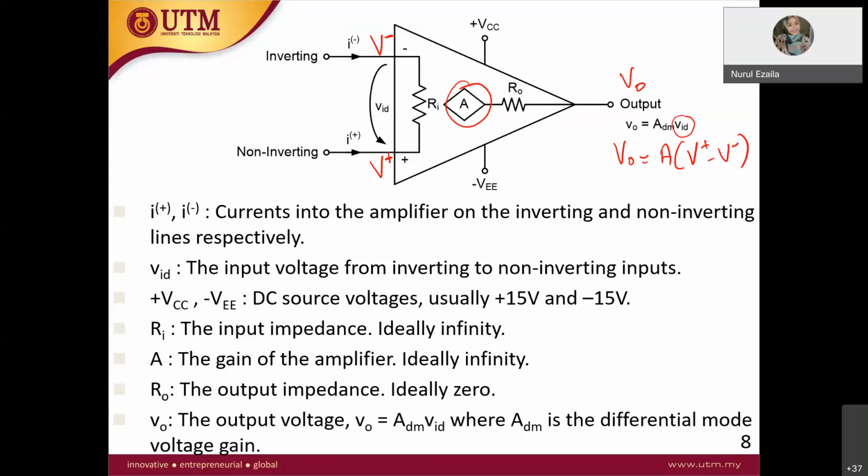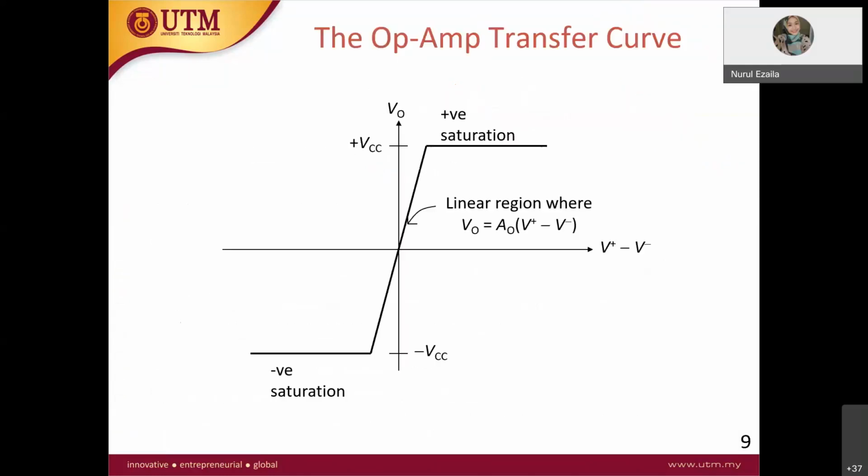So you know that gain is equal to the V out over V in. In this case, V in has two inputs, V plus and V minus, therefore V in is the difference. So this is the transfer curve. It is linear. Why is it linear? Between output and input, the input is the difference, V plus minus V minus.